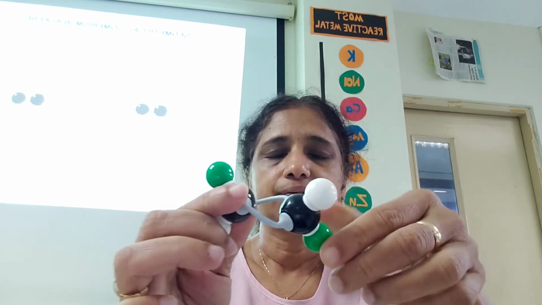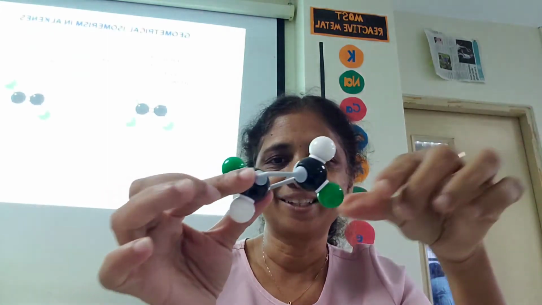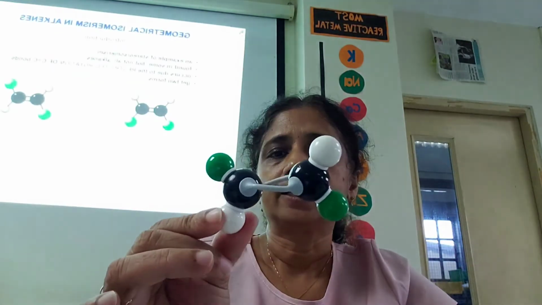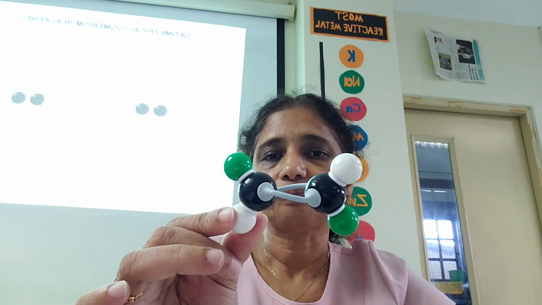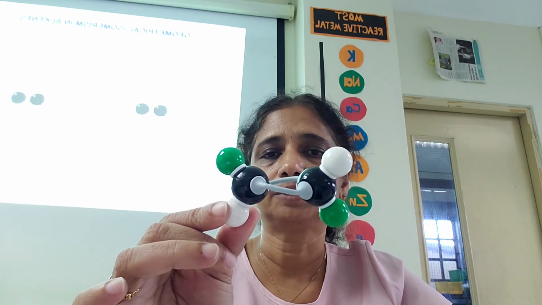These isomers are also known as geometric isomers, which are only possible in carbon-carbon double bonds or in certain alkenes. And this is due to the restricted rotation about the carbon-carbon double bond.